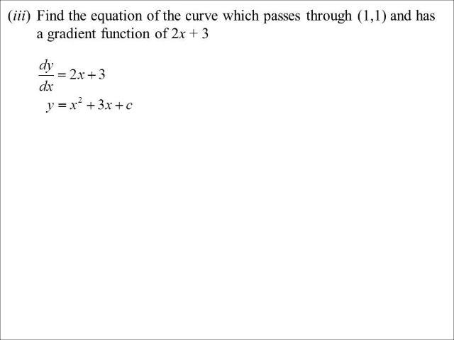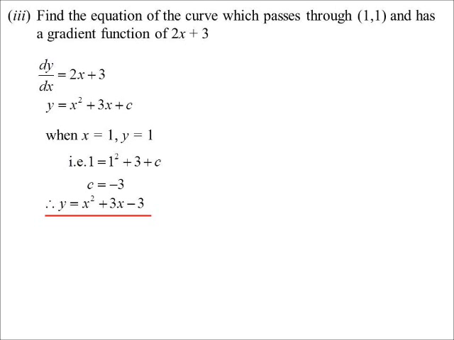So find the primitive, add 1 to the power over the power. 2x will go to x squared. 3 will go to 3x plus some constant. But in this case, we can work out our constant because we know that when x equals 1, y equals 1. Substitute that in. Constant turns out to be negative 3. So the original curve that we started with must have been x squared plus 3x minus 3.